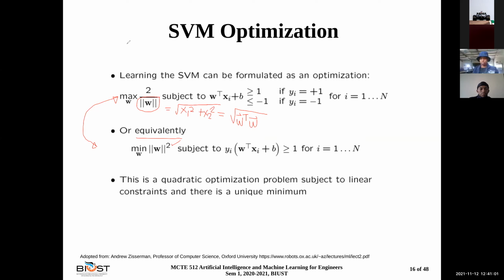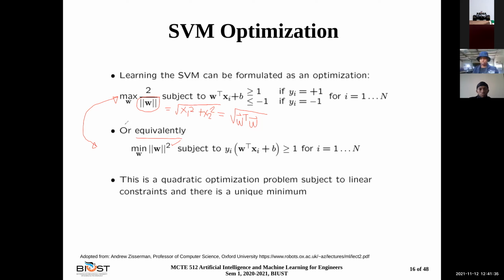Why do we need to square it? It's just very simple. To remove the square root. Yes, to remove the square root.